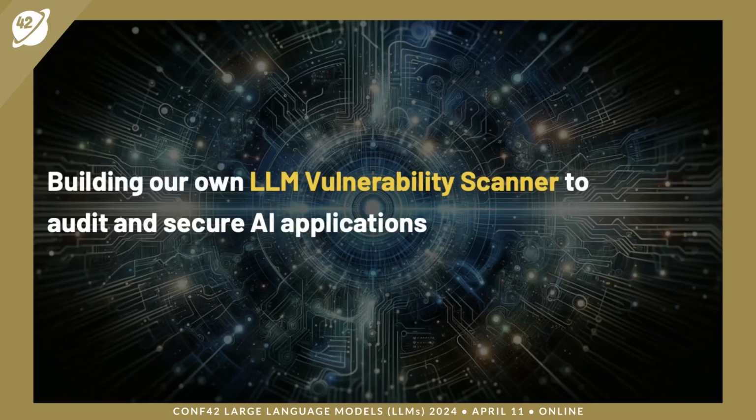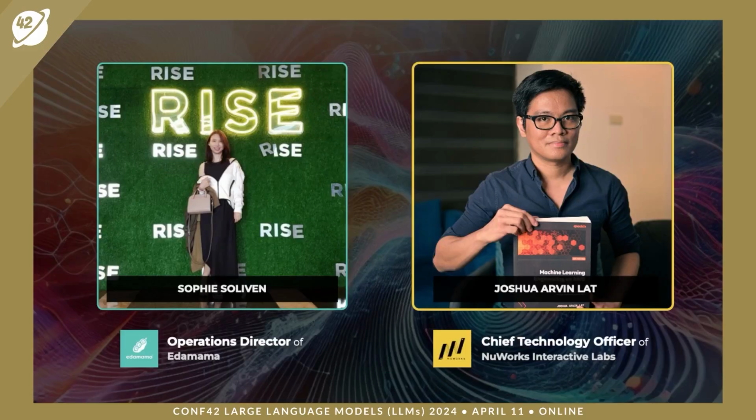Going back to the title of our talk, the goal is for us to build our own LLM vulnerability scanner to audit and secure AI applications so that the previous scenario wouldn't happen and future attacks will be prevented because our vulnerability scanner was able to detect that the LLM was prone to such attacks.